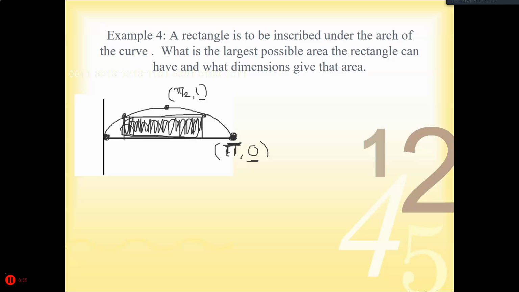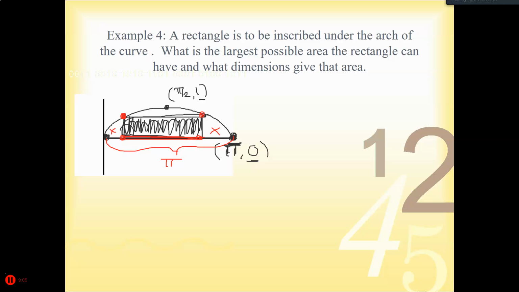So these points on my rectangle are unidentified points on my graph. So the area of the rectangle would be the length here. The entire length is pi. So we could label these mini lengths as x.